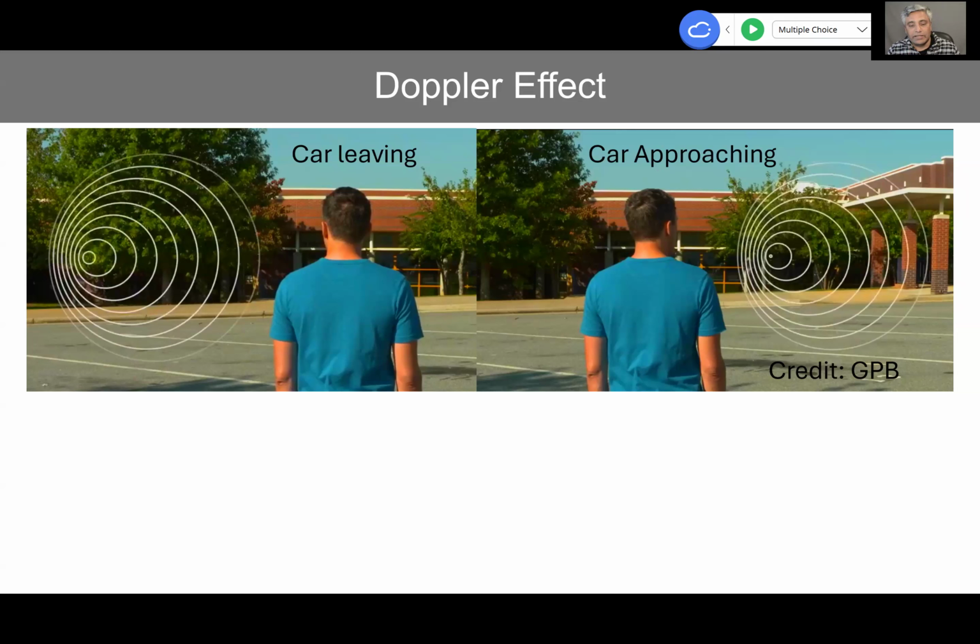So there can be different frequencies. But let's say even if there is only one frequency, but if either the source of that frequency or the observer or both of them are moving with respect to each other, what you hear is a different frequency than what is coming from the source.